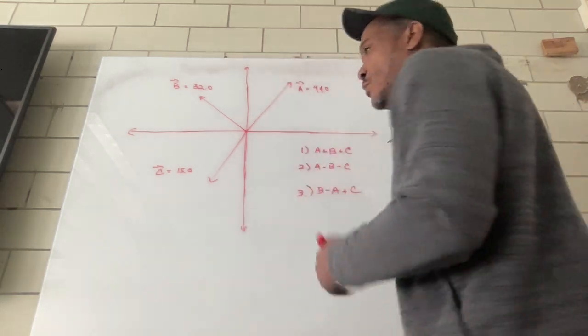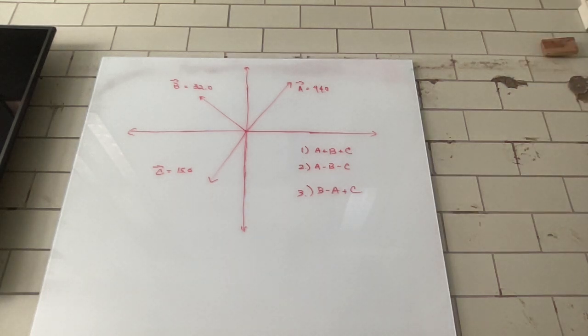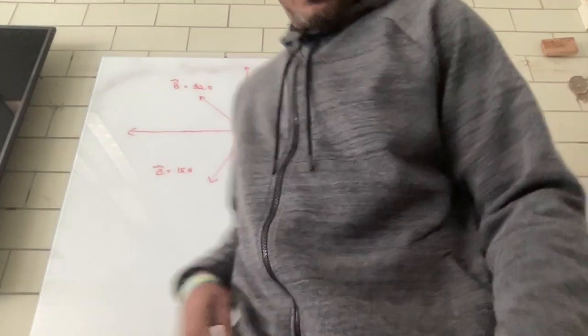But anyway, we got 3 vectors here, right? Yay or nay? 3 vectors. What is a vector again? Nobody knows what a vector is?